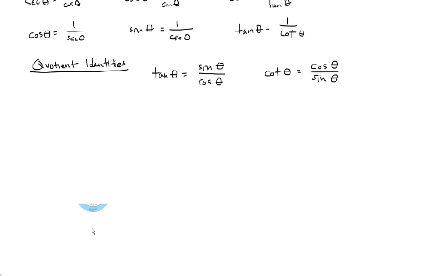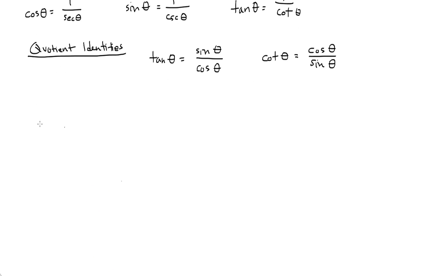Your last ones are a little trickier. These are called, although the name is not that important, the Pythagorean Identities, because we can derive them from, and they look an awful lot like, the Pythagorean Theorem. This one needs a little bit of explaining.